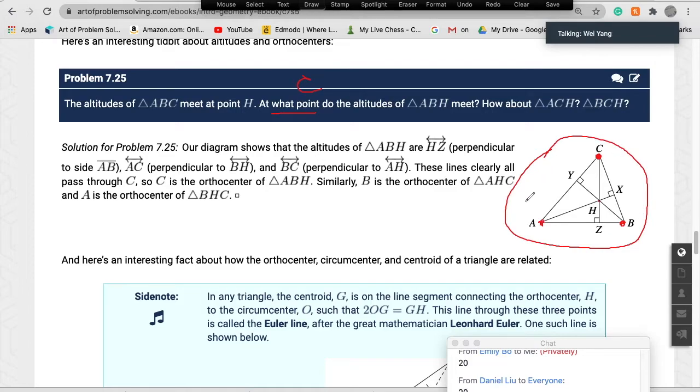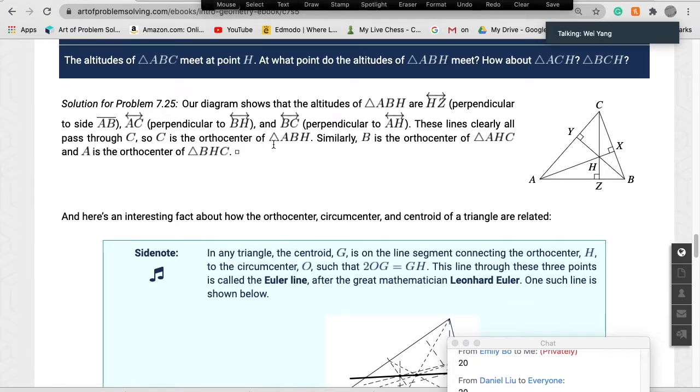So you can see here clearly, right? So by this way, we finished this section.